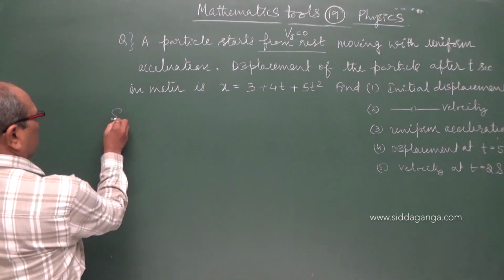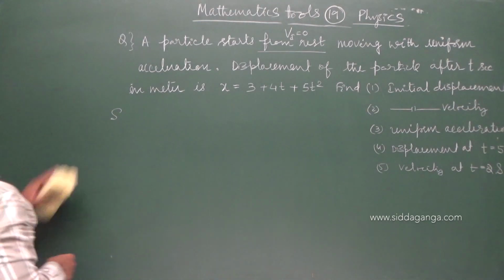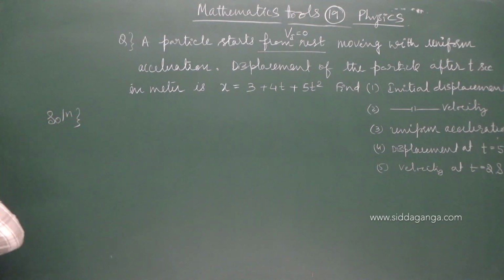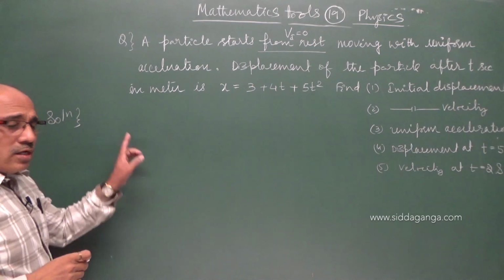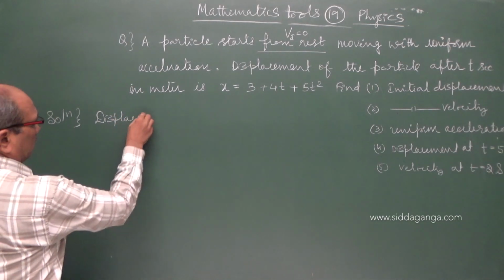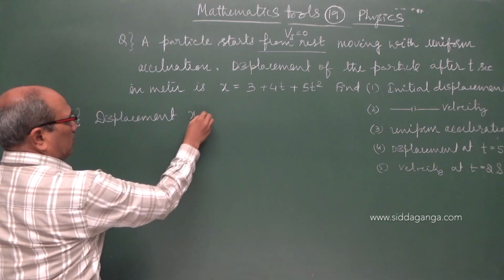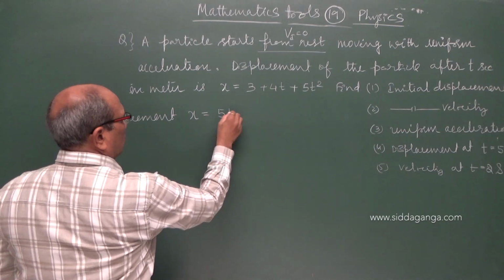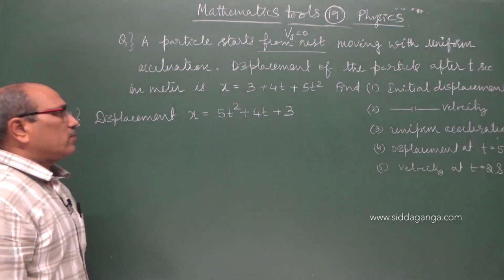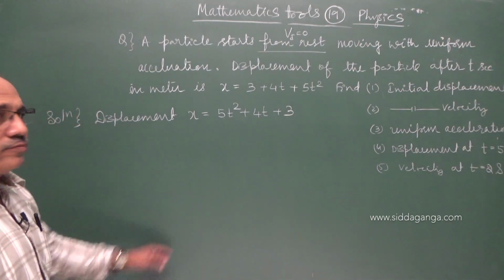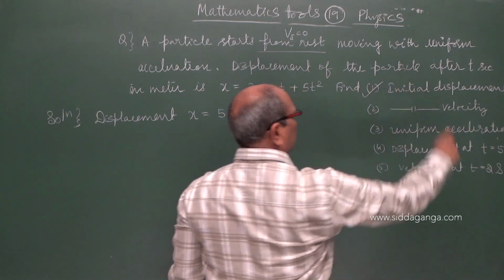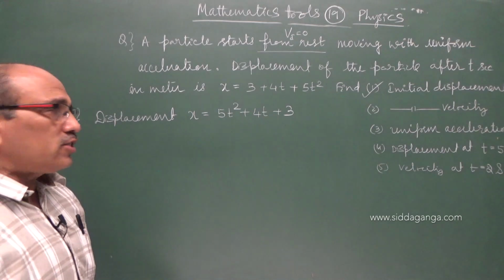Coming to the solutions, displacement x is equal to 5t square plus 4t plus 3. We have written this.